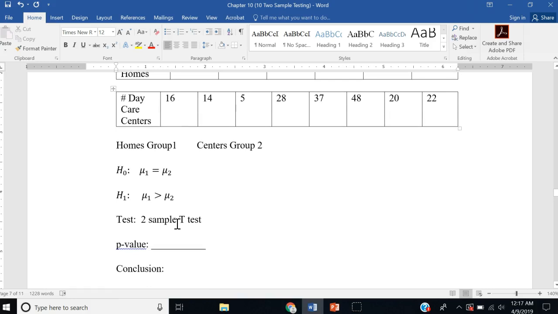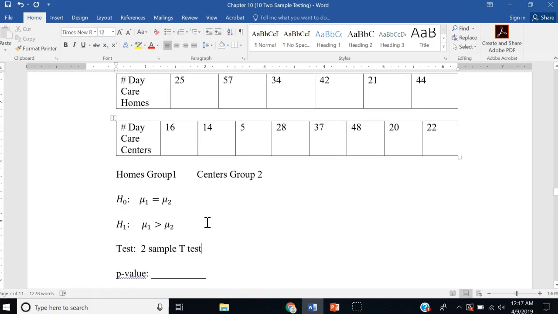Now, when I go into the 2-sample t-test, I'm not going to go in there quite yet. Since I'm given raw data, I'm going to put this raw data into my calculator. Probably the easiest way is to put homes as group 1. So put 25, 57, 34, 42, 21, and 44 into your list 1.